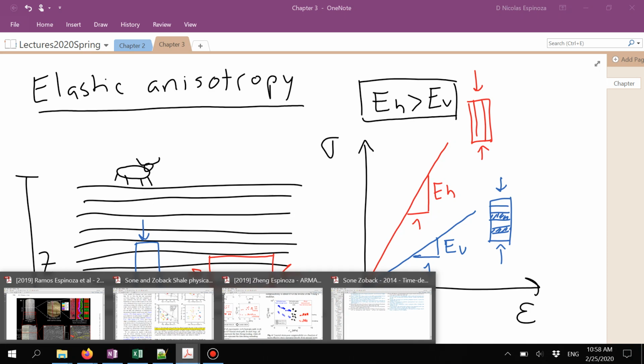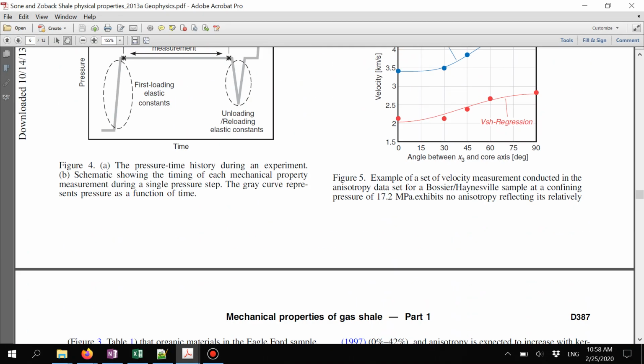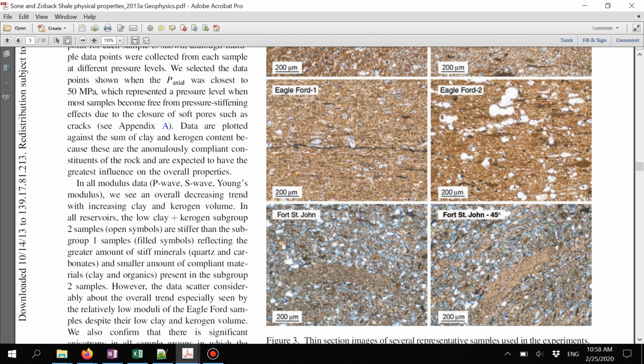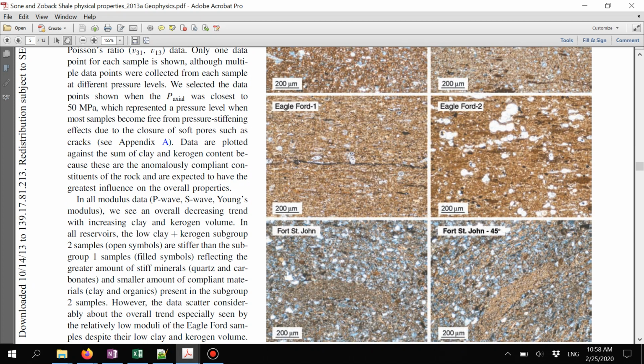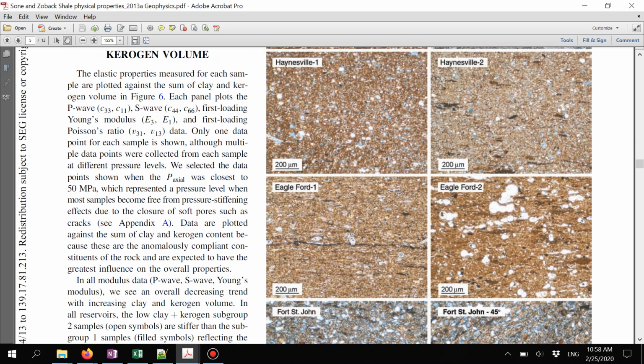Here, I'm going to show images and results of a study of the stiffness and Young modulus of several source rocks that contain organic matter.